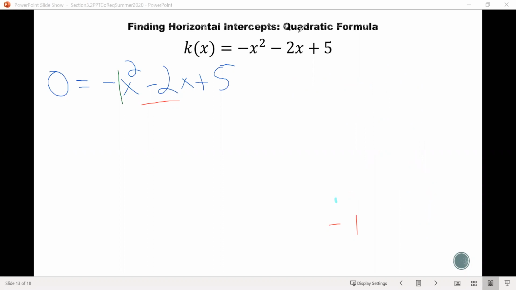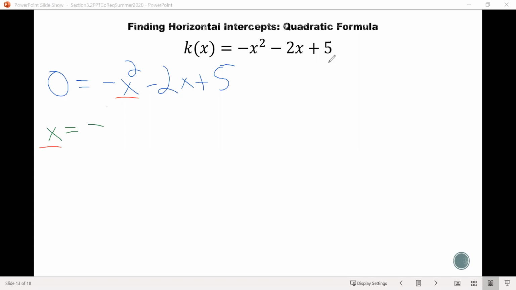So we must have a different method for finding the horizontal intercepts. And that method, as the title of the slide says, is the quadratic formula, which you may already be familiar with. It tells us if we're trying to solve a quadratic for a 0 or a horizontal intercept, we can use this formula given by x equals, and of course I'm using x here because that's the variable in my equation. If there were no x's, I'd put a different one there.